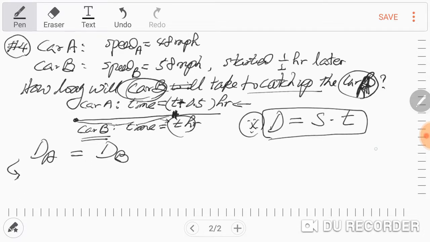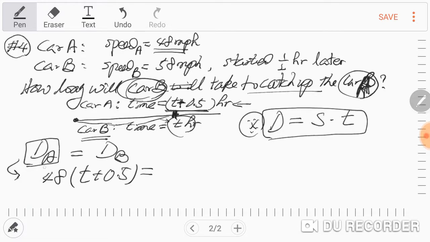The distance is the speed of the car times the number of hours. So for the distance of car A, what's the speed of car A? 48 miles per hour. So 48 times how many hours did car A drive before it was caught? It is T plus 0.5 hours. This distance car A traveled should be the distance that car B traveled.